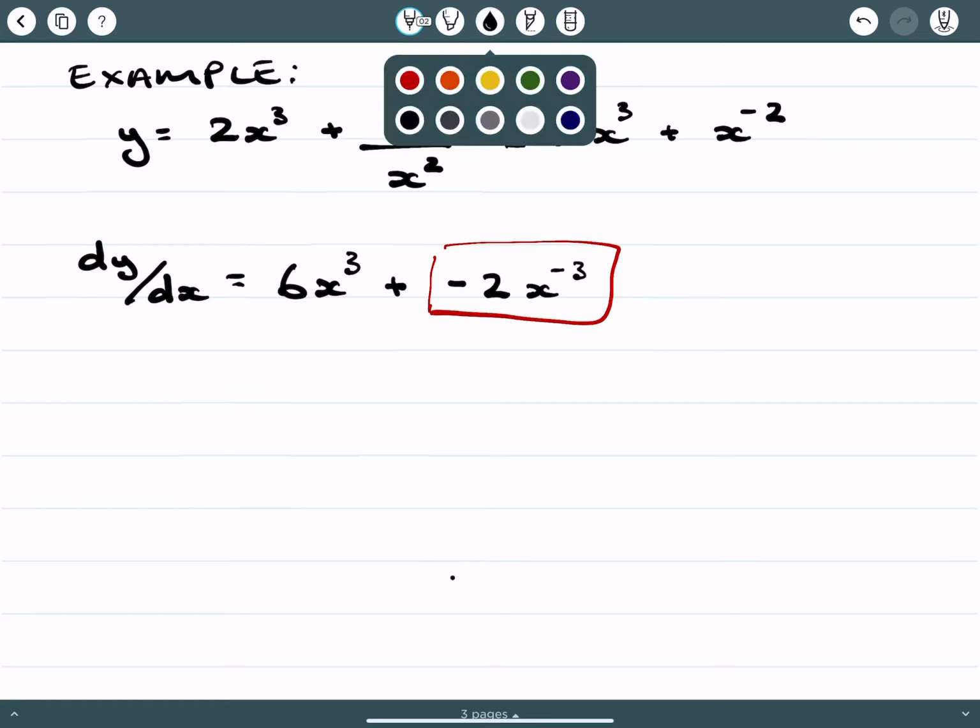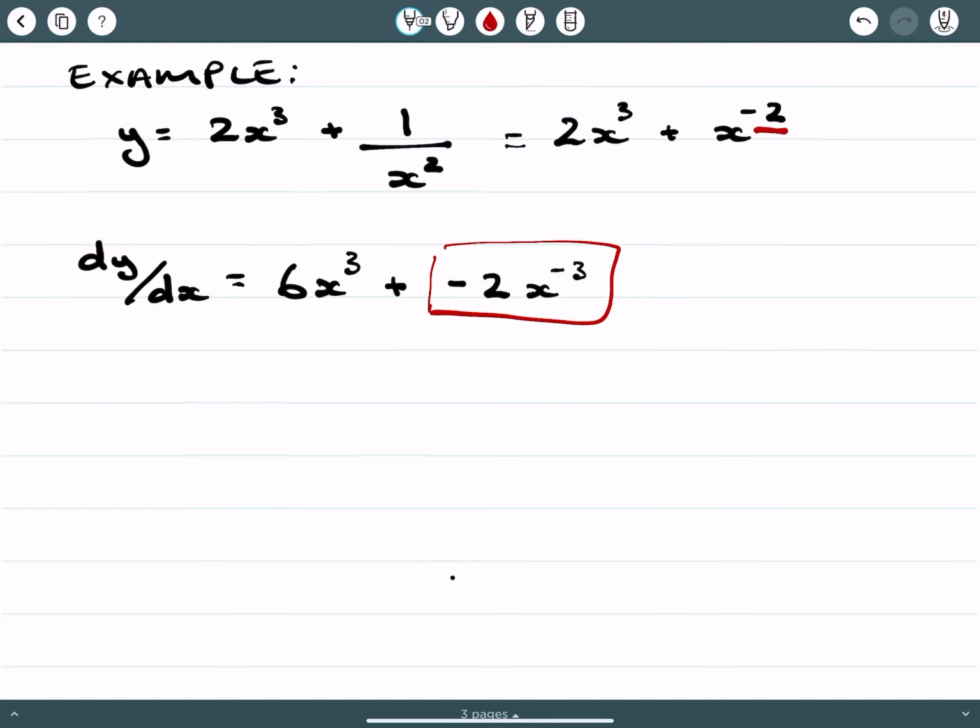Therefore, this negative 2 has been brought out the front, which is shown here, and then I've reduced this power by 1, which is this negative 3. That's how you would generally deal with negative powers.